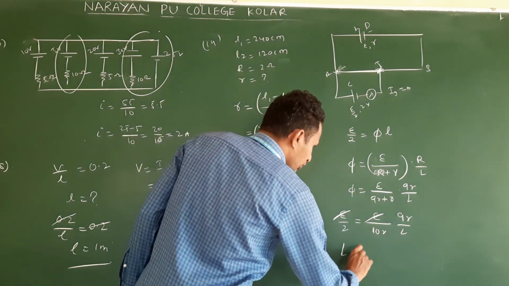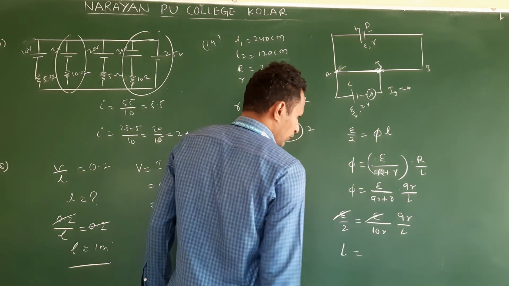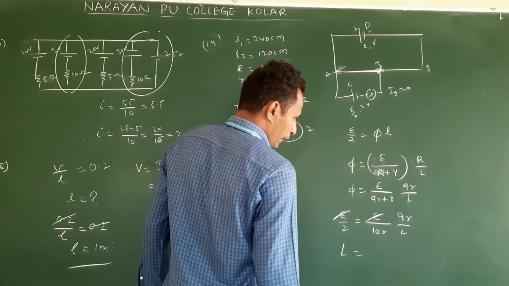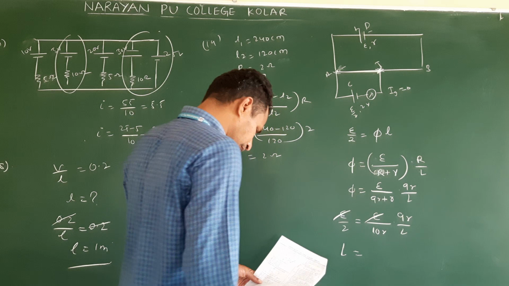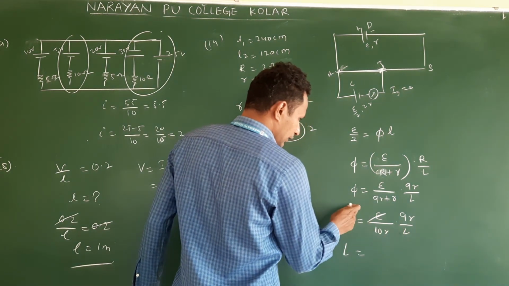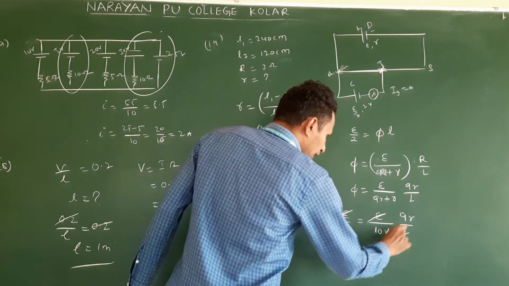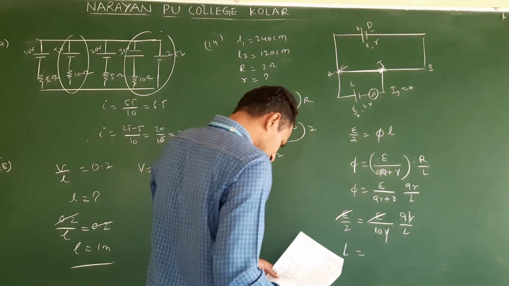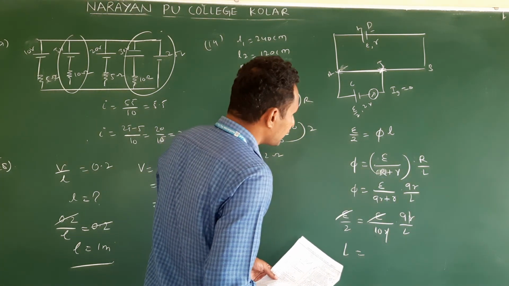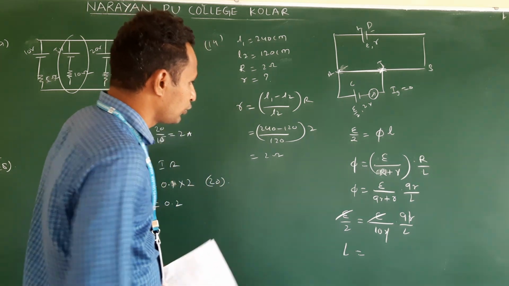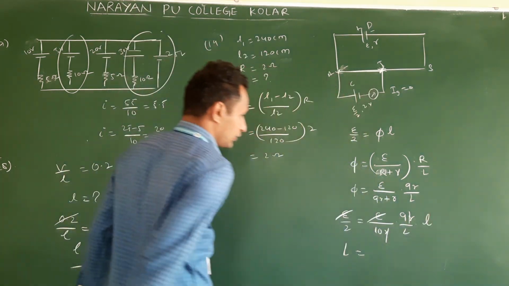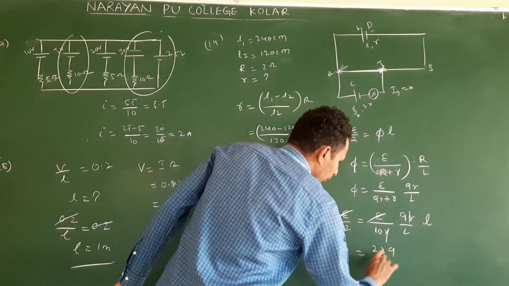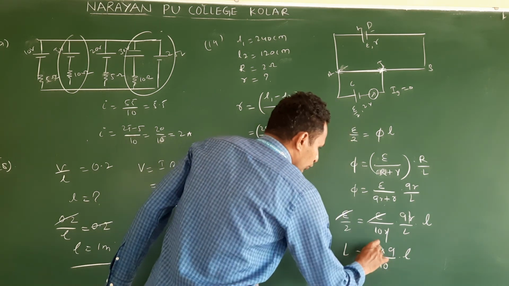If they are asking for l, L comes to this side, R and R cancel, and 2 goes to the other side. What are they asking? They are asking small l, right? So if I take L here, 2 goes this side. So l is 2 into 9 by 10 into L. 2 ones, 2 fives.